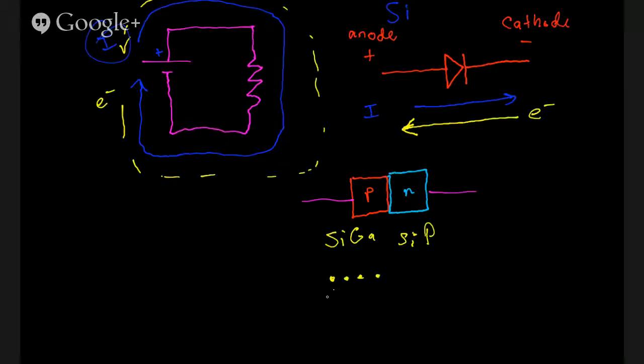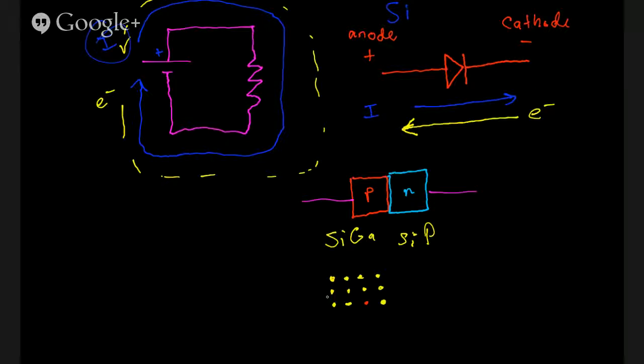They'd be all packed tightly because it's a solid, and we just have one atom every so often be something else. And that's what allows for electrons to flow in our negative type, n-type.